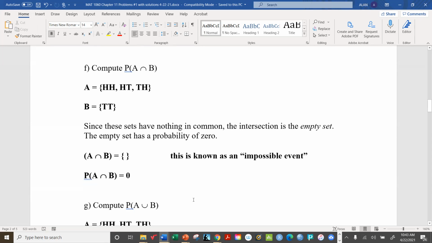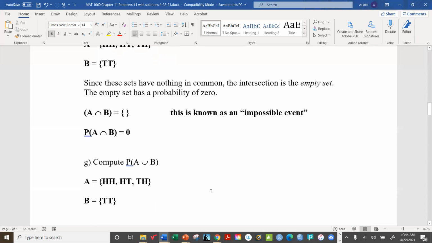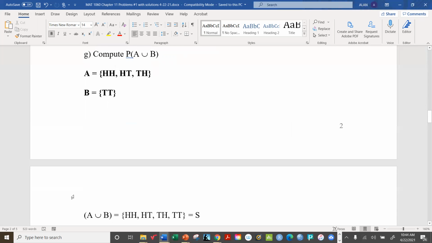Now, how about this one? This is the other extreme. This is a union. That union means we're adding together all the elements in both sets. So it can't be empty unless A and B are each individually empty. Instead, what happens is we just combine them into one big new set, and I've repeated them here so you can see them again. And just look what happens here. When I add them together, I have all the elements in my sample space.